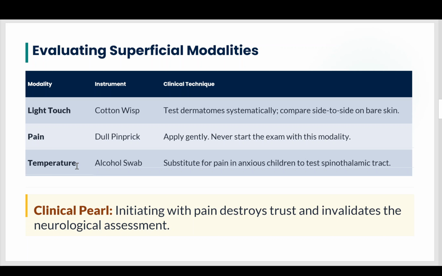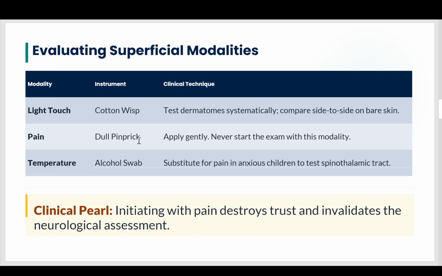So an alcohol swab or a test tube with warm or cold water can be used for temperature sensation, since both pain and temperature are carried by the spinothalamic tract. We can use dull pinprick for pain in a higher age group, who can be taught the expected response, but not in a small child.